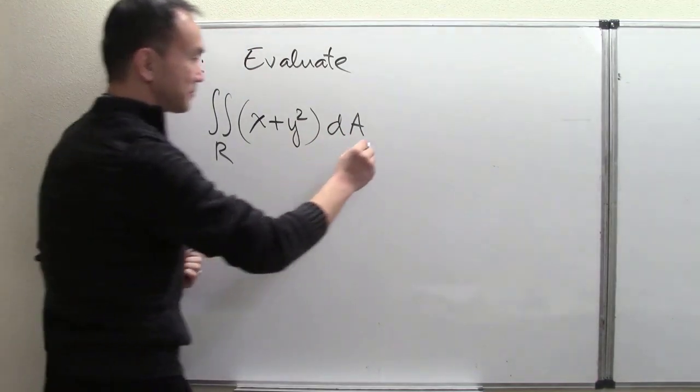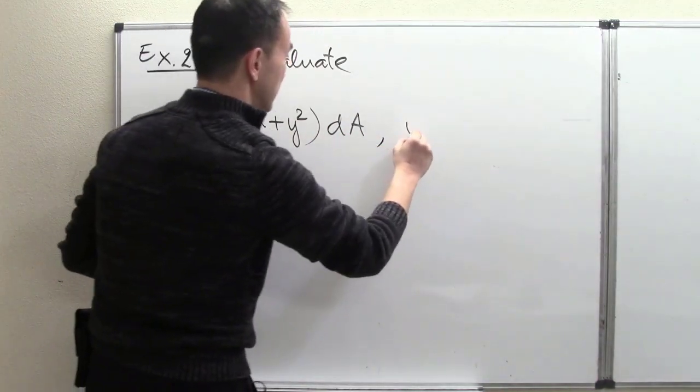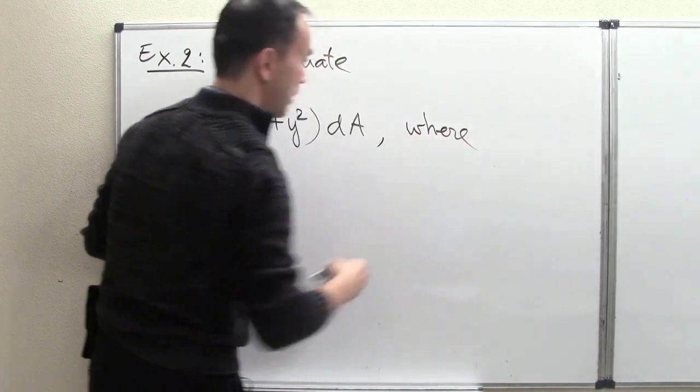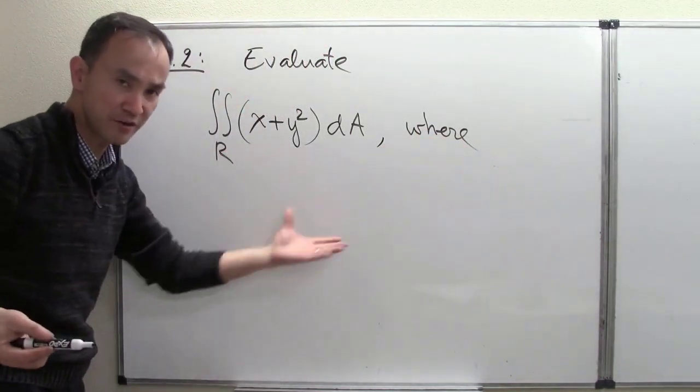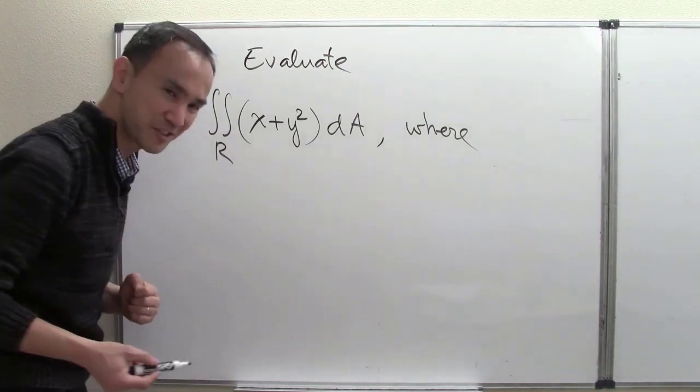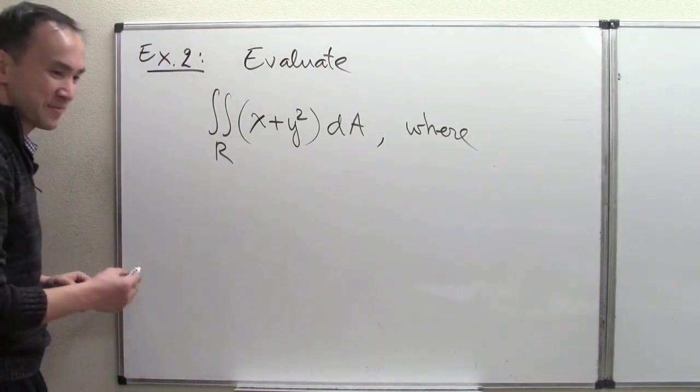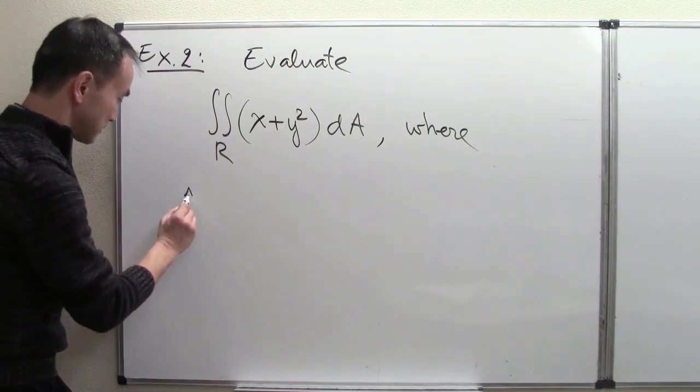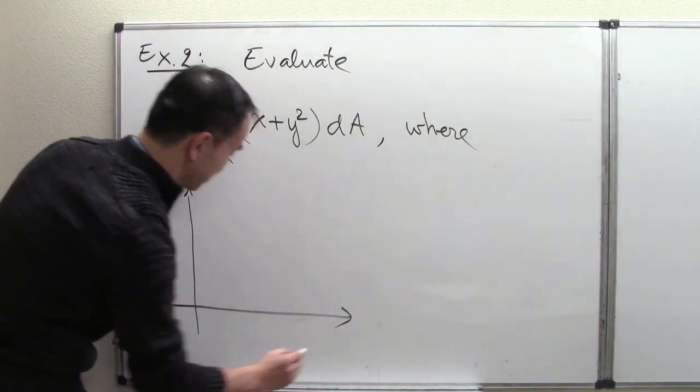And the region we have this time, it's impossible for me to write it all in a narrow space of the board with all the worded description. So let's just take a look at the picture, and the picture will tell the story. It's a region like this.